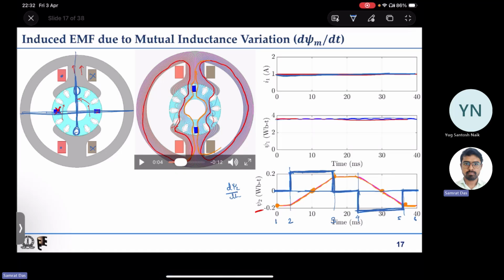So the mutual linkage becomes 0. So you have 0 flux linkage here. Similarly, as it rotates, because of the rotation of the second coil axis, the mutual inductance between the two changes, and that comes out as the induced EMF due to the mutual flux linkage.